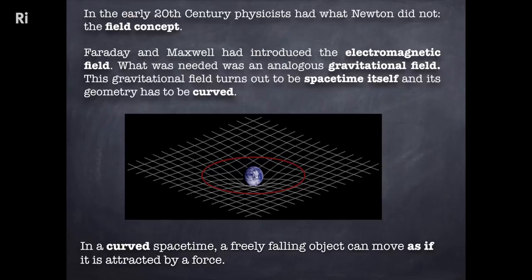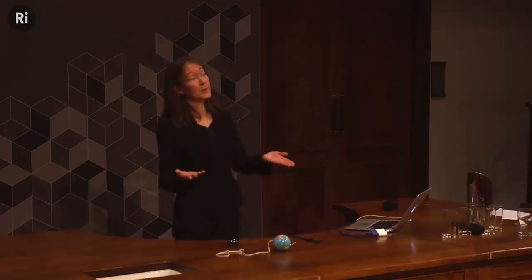Einstein knew that he had to postulate something analogous to that for gravity, a gravitational field that is everywhere. And the extraordinary thing was that this gravitational field is, it turns out, space-time itself. So the electromagnetic field of Faraday and Maxwell lives in space-time. The gravitational field of Einstein is space-time.